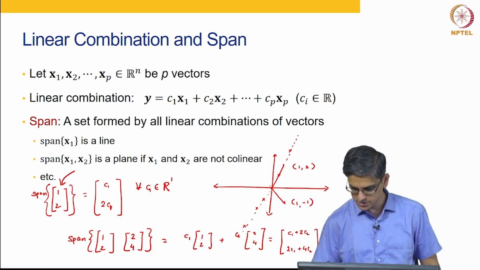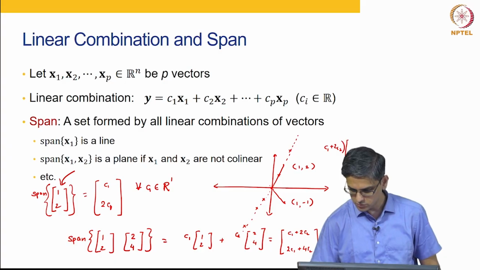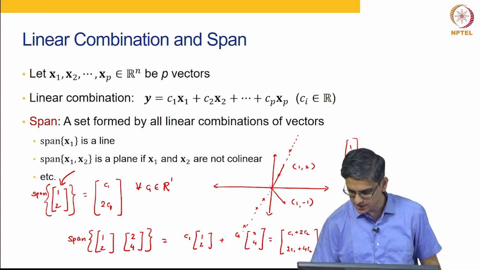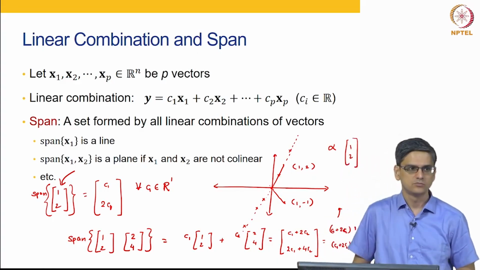So this can be represented as C1 plus 2 C2 multiplied by 1 comma 2, and if we write this as alpha, then we see that this was that one line. Is it confusing? This is an important property. So if we want to go over again, we can.